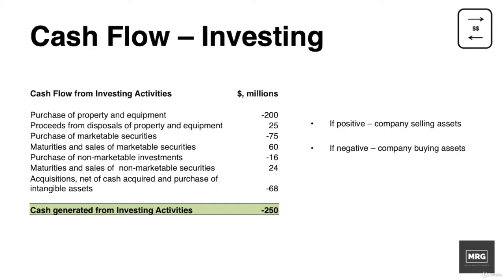But sometimes it could be a red flag if the companies spend a lot of money investing in marketable securities, for instance. If the nature of the business is selling fruits and you're spending all your cash on buying stocks, that is weird, right? But no right or wrong. If it's positive, the company is selling assets. If negative, the company is buying assets.